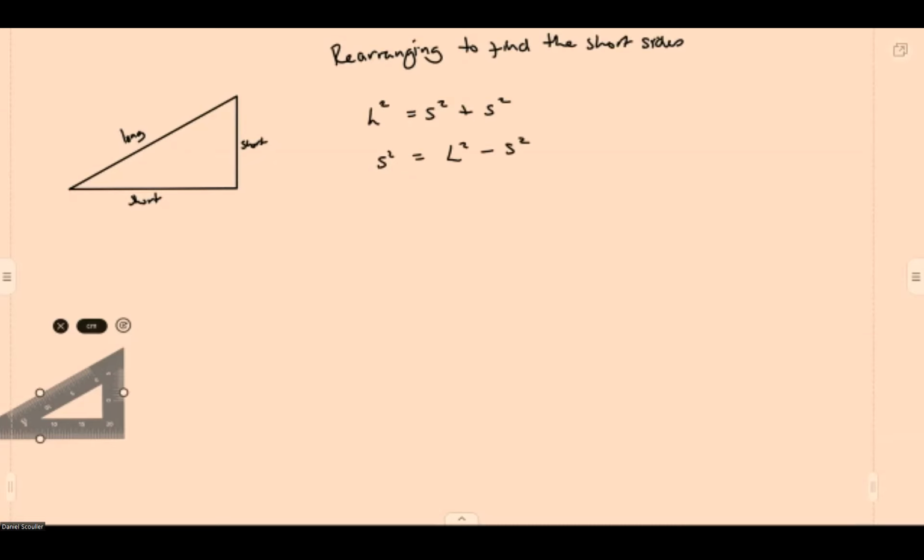Now I still don't need to label them up by different letters with my A's and B's and C's, which you get taught in school. That works. If you've got a short side and a long side, as long as you're taking away the short side from the long side, you will find out the missing side in a right angled triangle. So you don't need to label A's and B's and C's and confuse yourself.